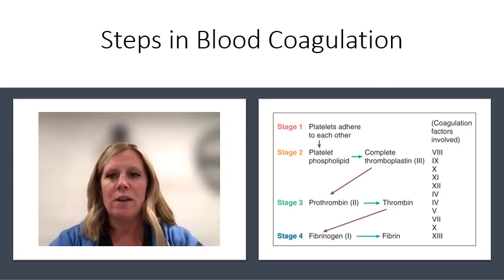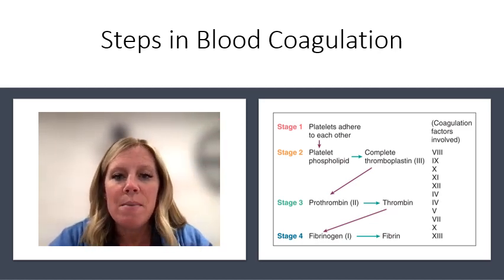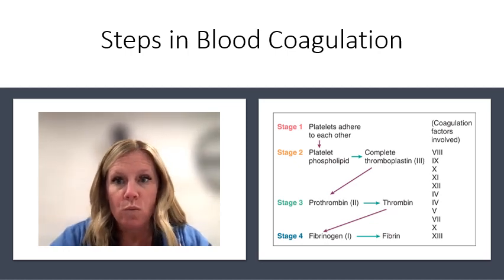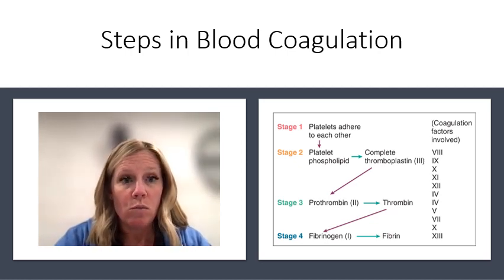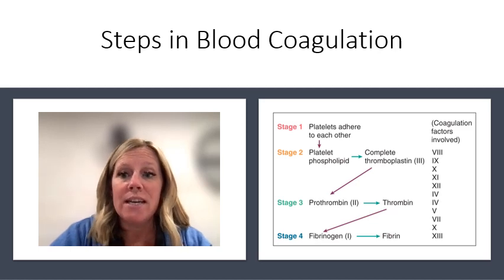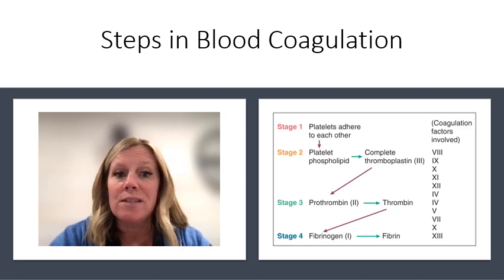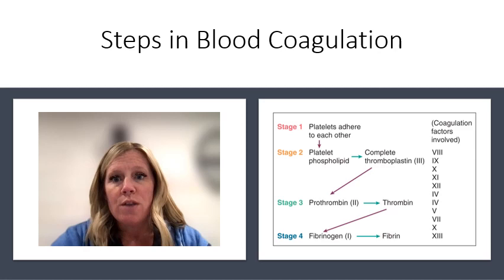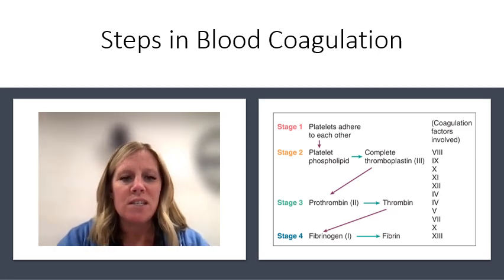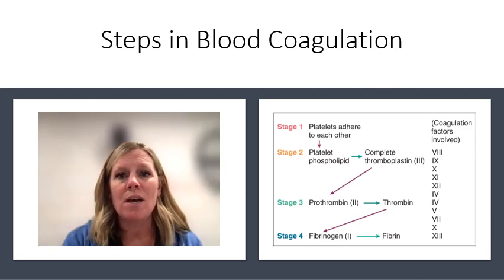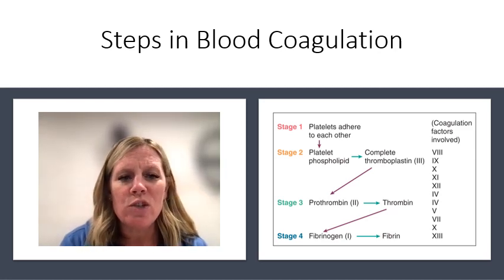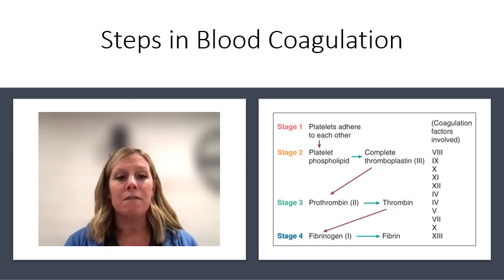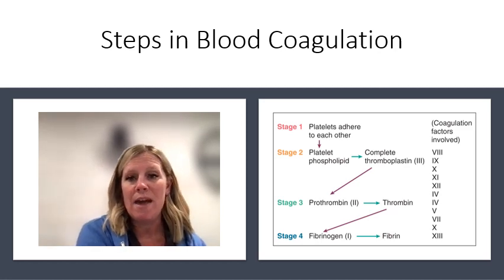Stages 1, 2, 3, and 4, which include a combination of blood and tissue released from the plasma, which is our intrinsic pathway, and also from the injured tissue, which is our extrinsic pathway.